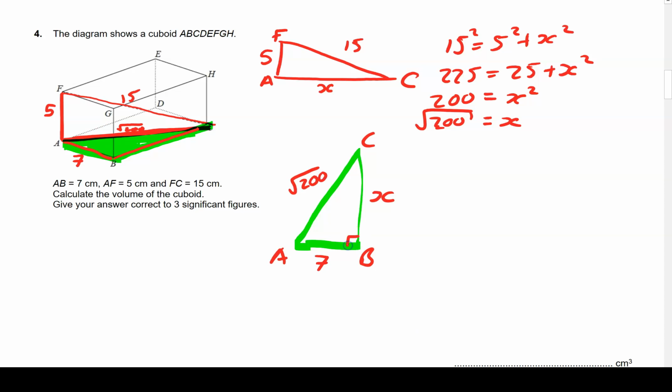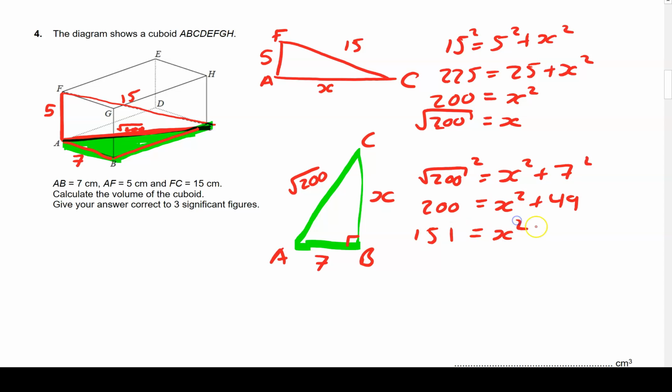Okay, so this is a right angle, so root 200 squared must be x squared plus 7 squared. So root 200 squared is 200, is x squared plus 49, so that's 151. Although I really shouldn't be using x, I should be using a different letter.